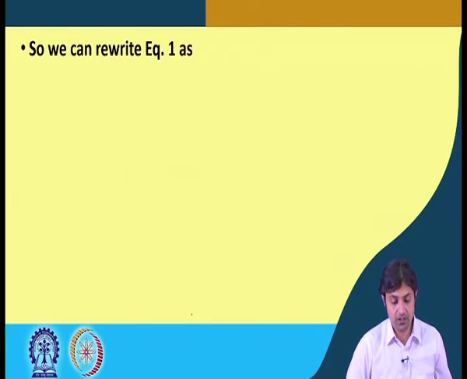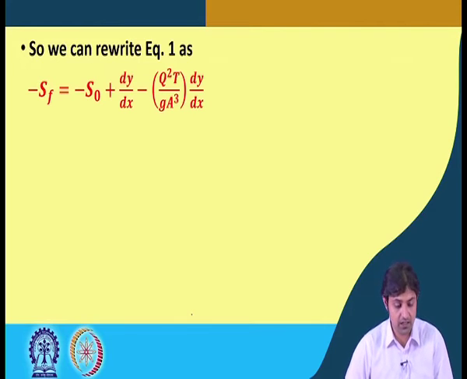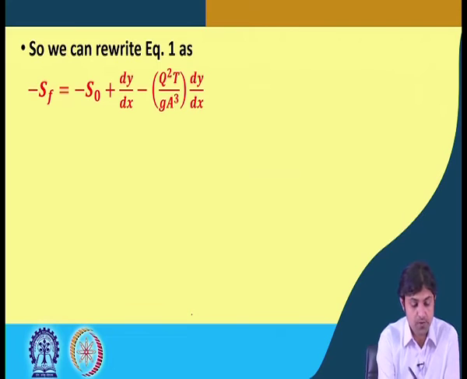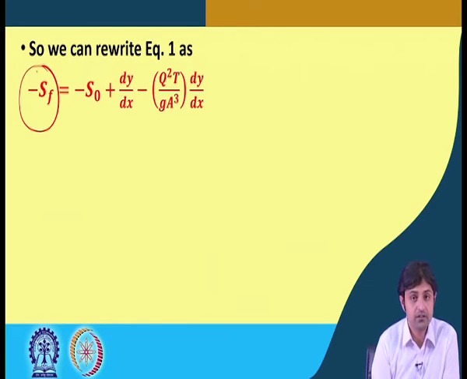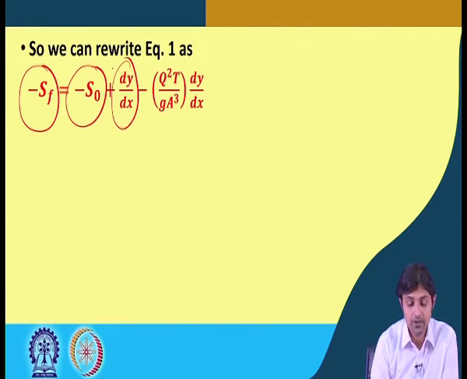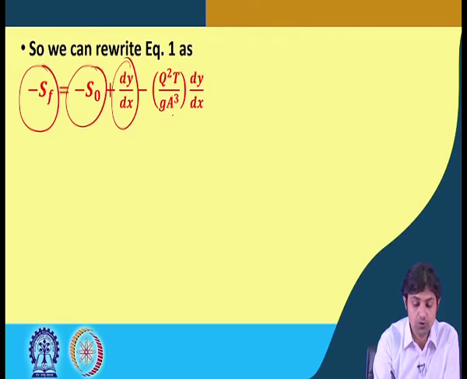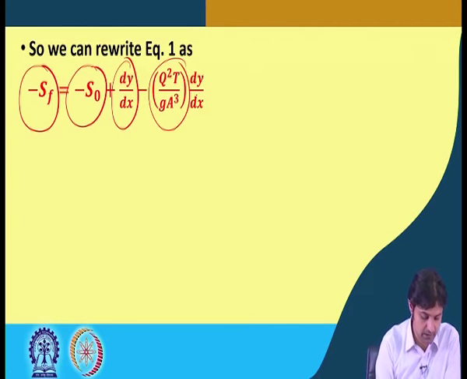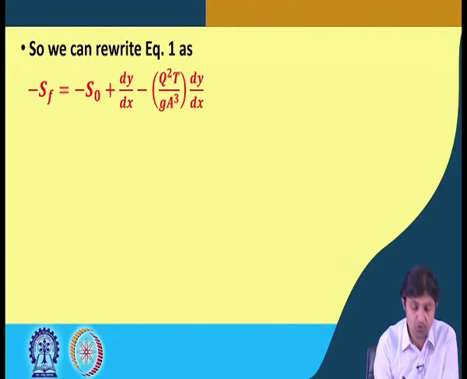If we rewrite equation 1, the dH by dx was minus Sf, dz by dx was minus S naught, this dy by dx is the same, and this becomes Q square T by g A cube from the previous slide, and this dy by dx. Each term you have understood now.